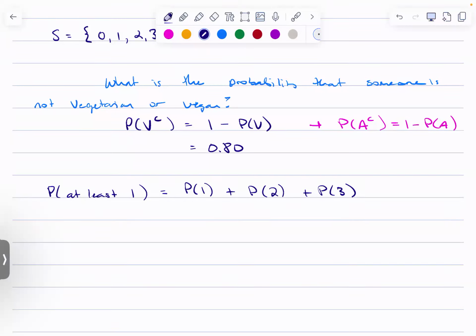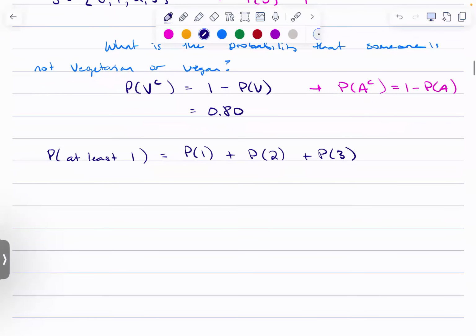What could you do instead? That's a lot of probabilities to find, and I'll break down how to find these. But what if you leverage the complement?